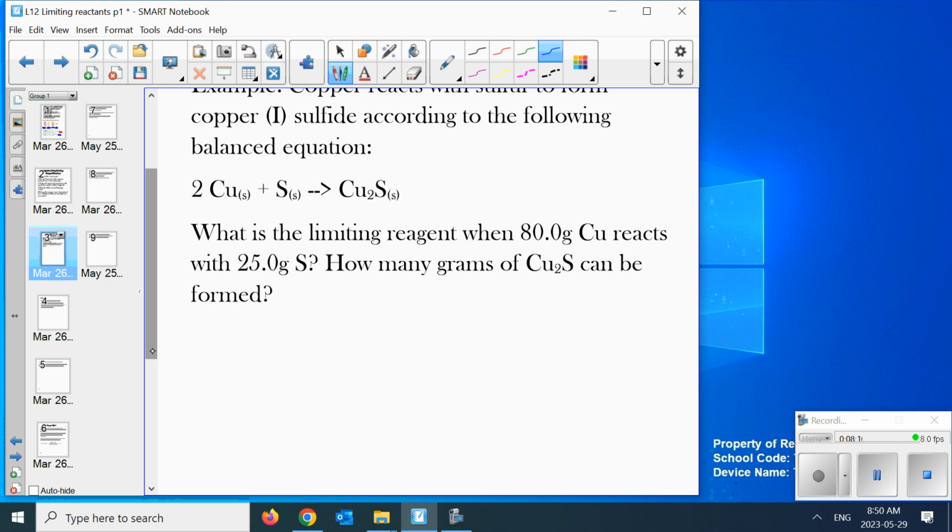So we set this up. Find moles, we'll just say step 1. You don't have to label these, but I'm referring to those steps we had. This is what we're doing right now. I see 80 grams of copper, so I'm going to start with 80 grams. Of course, we use the periodic table: copper, 63.55.